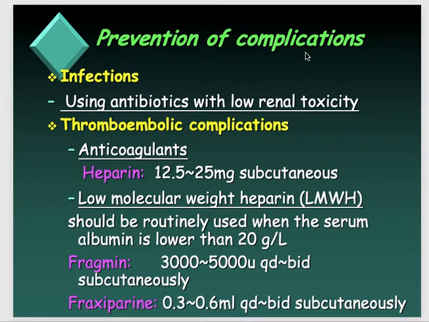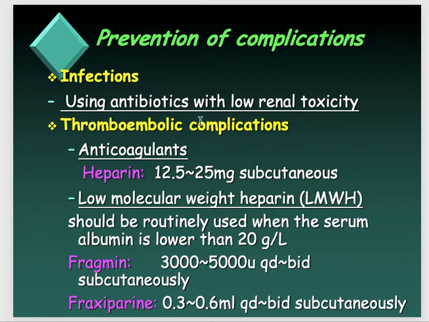And now, how to treat or prevent the complications? Of course, we can give them antibiotics, which we can give to renal failure patients, okay, to prevent infections. For thromboembolic events, because they are in a hypercoagulable state and they have low antithrombin, okay, they have platelet abnormalities, so there is risk of these thromboembolic events.